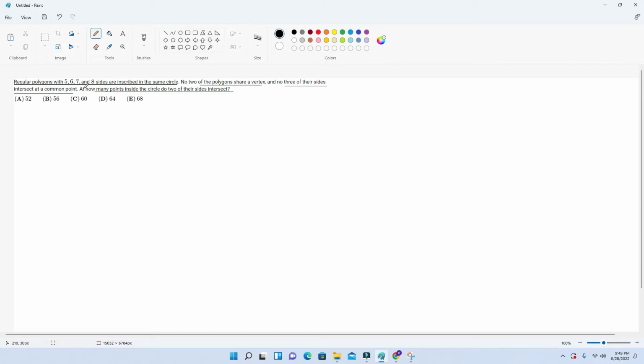They basically inscribe some polygons in the same circle, and they count the number of ways the sides of the polygons inside the circle intersect. So I'm going to do that exact same process with the 5 and 6 sided shapes, because those are easy shapes in Microsoft Paint.